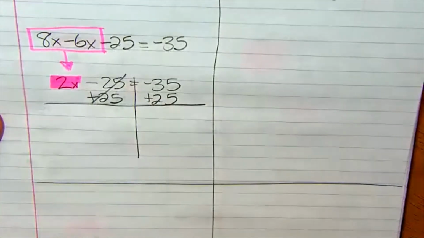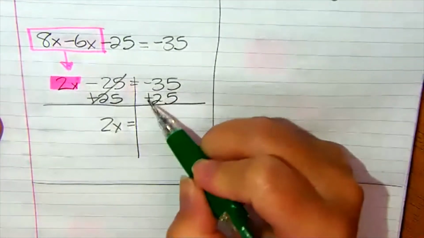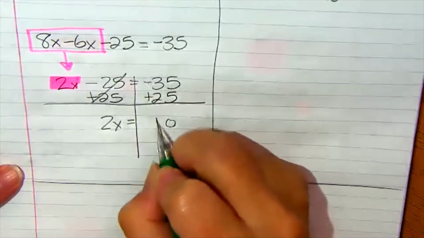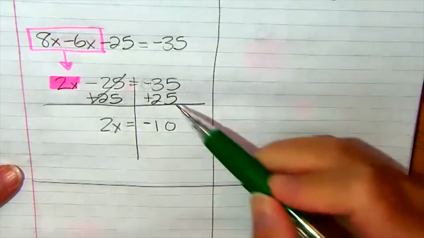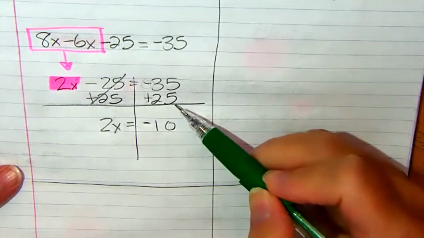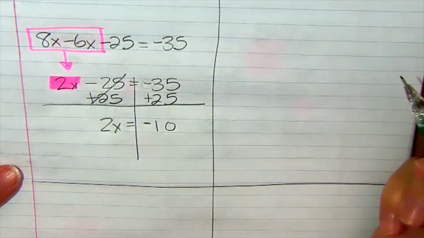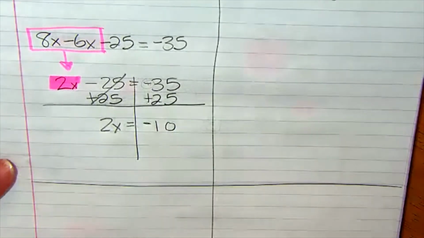So these guys cancel. And I'm left with 2x equals, I have a positive and a negative, so I'm going to subtract and keep the sign of my largest number. Remember, if we have 35 negative ninjas and 25 positive pirates, they're going to go to battle, take each other out. Only 10 negative ninjas will be left.